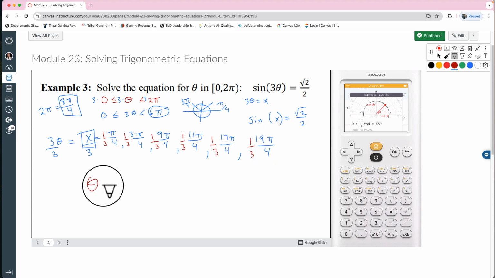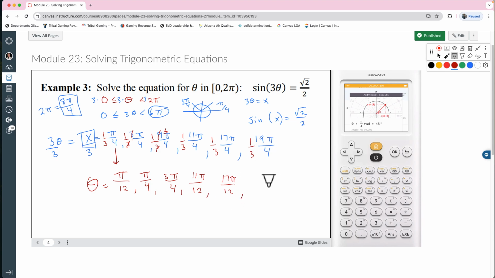So theta becomes equal to, 3 times 4 is 12, right? That's there. This one, 3 goes into 3, so it's going to give us pi over 4. 3 goes into 9 3 times, so that's 3 pi over 4. 3 does not go into 11, so we multiply and we get 11 pi over 12. 3 does not go into 17, so we get 17 pi over 12.